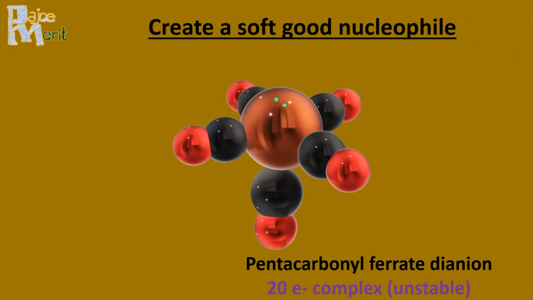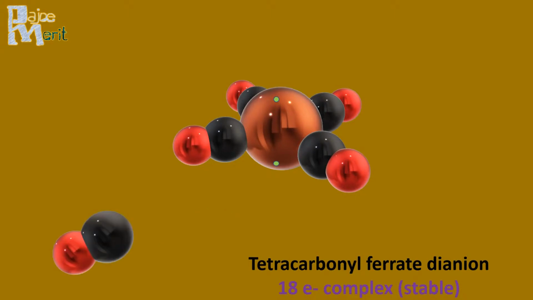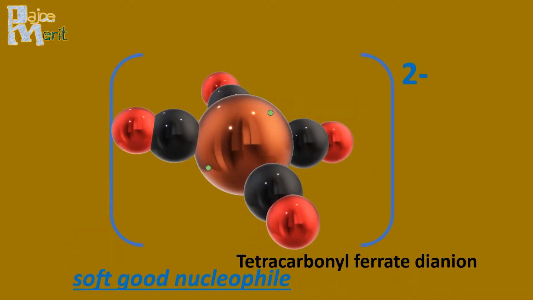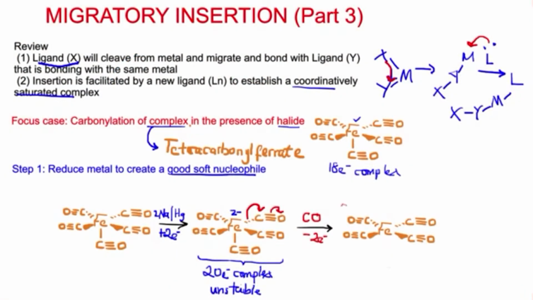This ligand cleaves off, and that results in the loss of a carbonyl and also the loss of 2 electrons, which results in the formation of this complex with the overall charge of 2 minus.